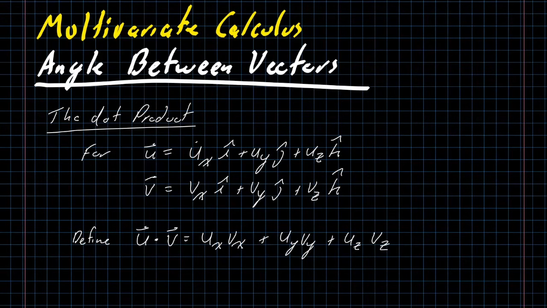The important thing to remember about the dot product is that when you take the dot product of two vectors, the result is a scalar. All right, so this is a scalar value, not a vector value that we get as a result.